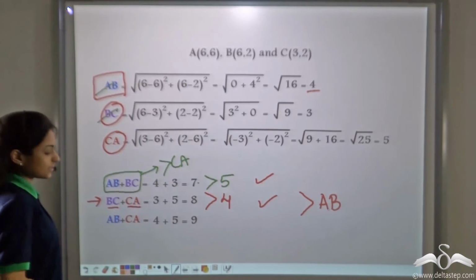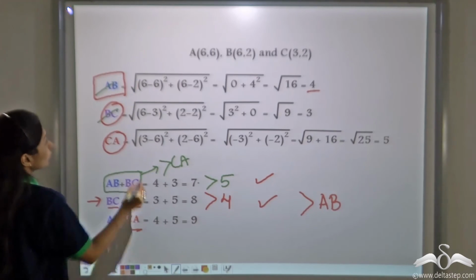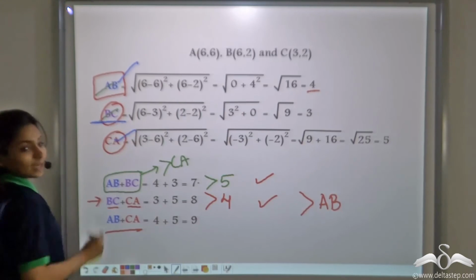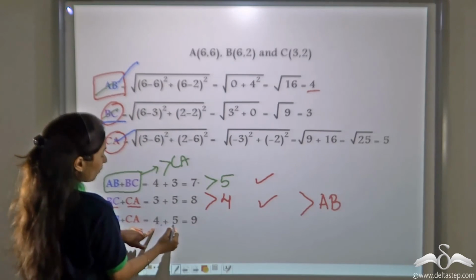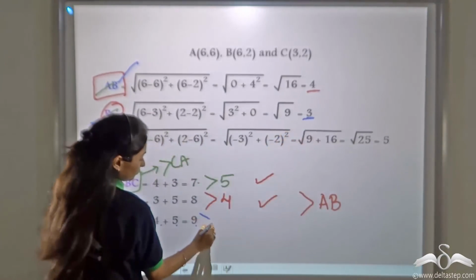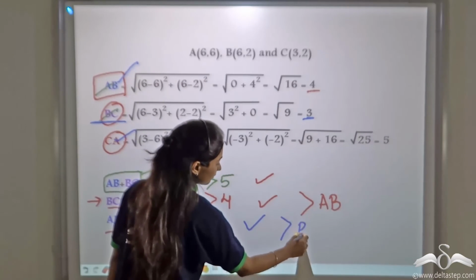Now what about AB plus CA? Well, this is AB and this is CA. So BC is the only side left. So 4 plus 5 gave us 9, which exceeds 3. So again, this is fulfilled as it exceeds BC.